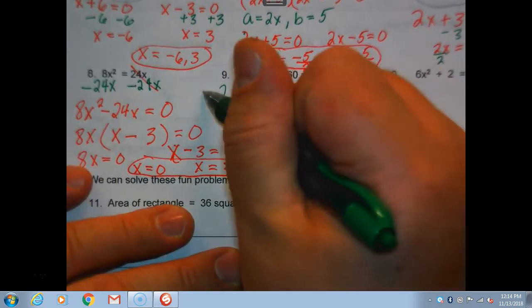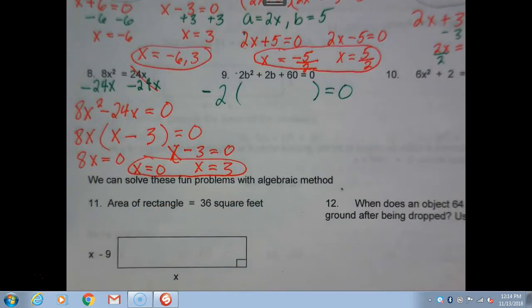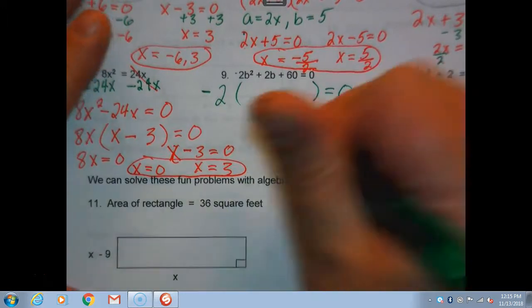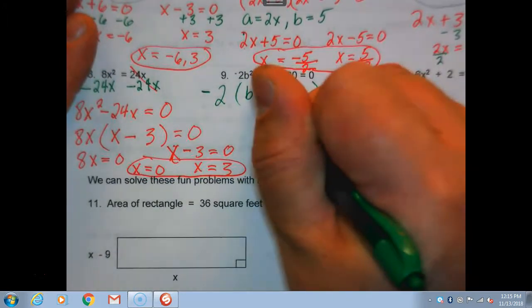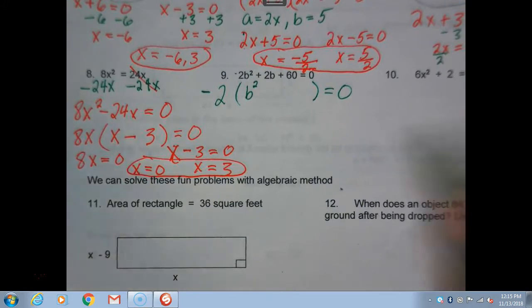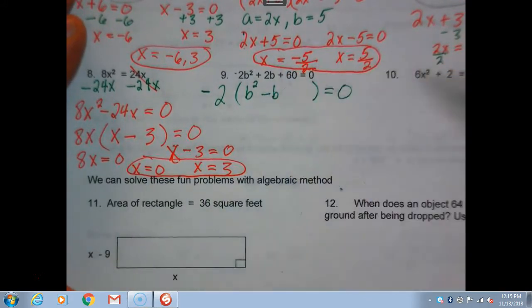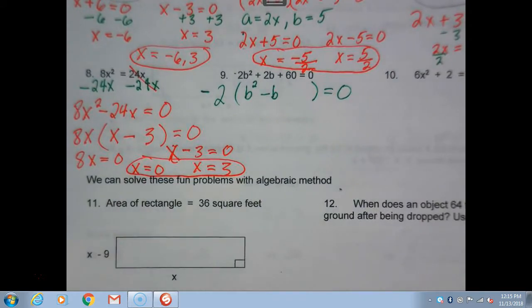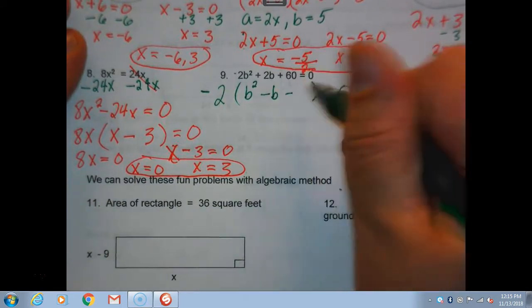The negative. Okay, I'm going to take out the negative 2. Negative 2b squared divided by negative 2? B squared. All right, positive 2b divided by negative 2 is minus b. Positive 60 divided by negative 2 is minus 30, right?